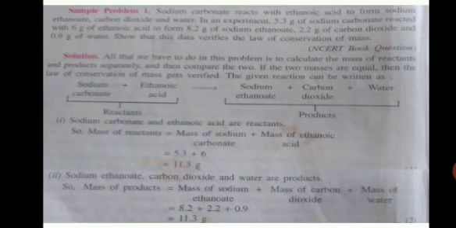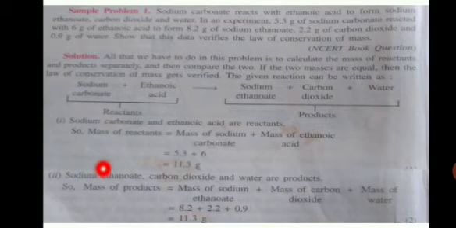So what is the first step? Find out the mass of the reactants. So mass of the reactants is equal to mass of sodium carbonate plus mass of ethanoic acid. Okay, add the masses together. 5.3 plus 6, that is 11.3 gram. Second step is find out the mass of the products.